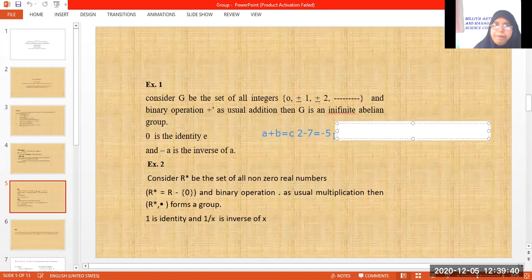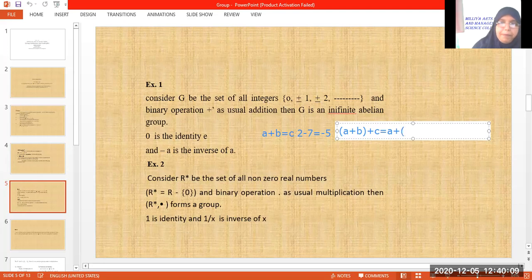And associative property: (A plus B) plus C is equal to A plus (B plus C).